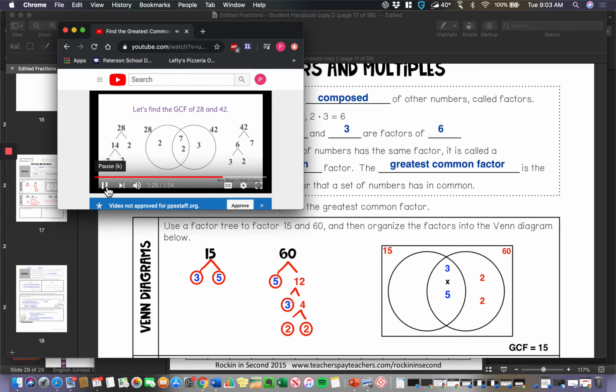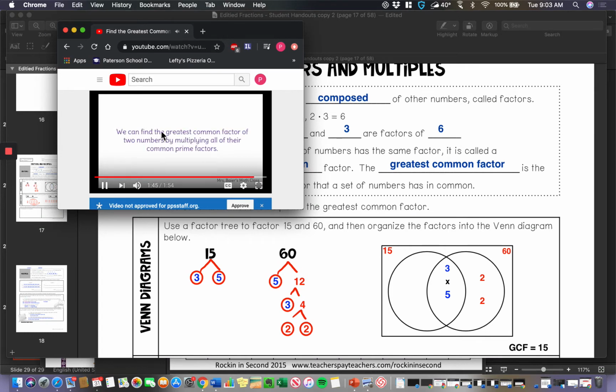To find the GCF, we have to multiply the two common factors, those in the shared region of the Venn diagram. 7 times 2 is 14. So the greatest common factor of 28 and 42 is 14.